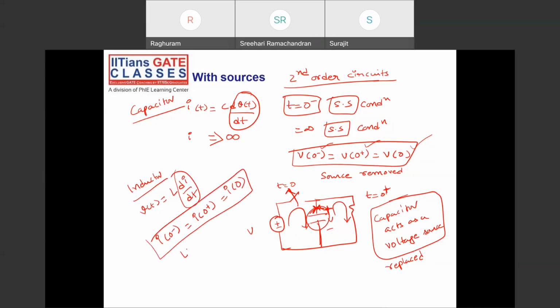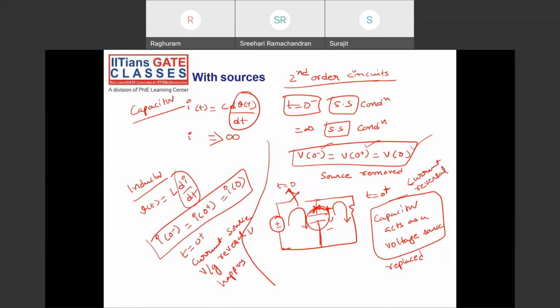At t equal to 0 plus, it acts as a current source, and voltage reversal happens. Here, in the capacitor, it acts as a voltage source and current reversal happens.